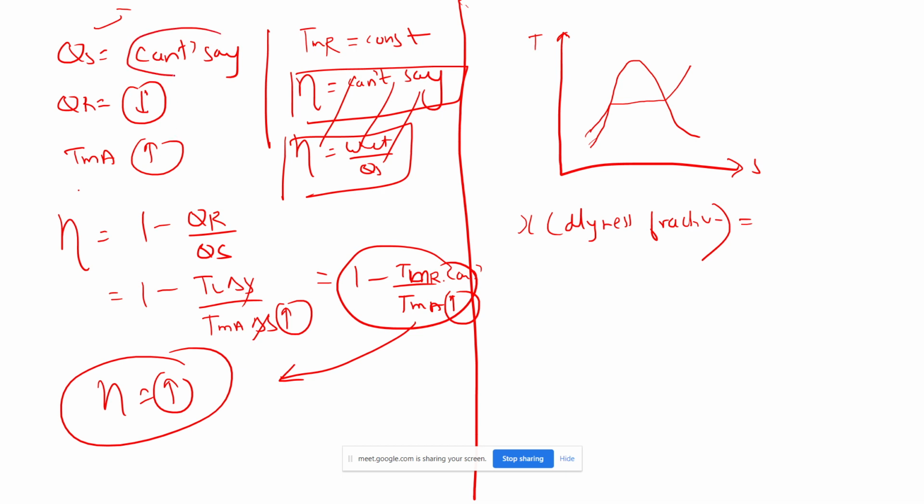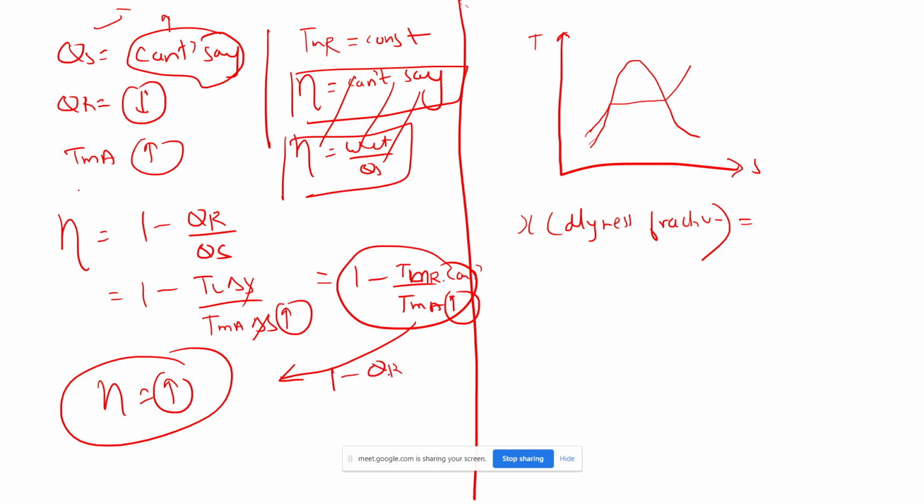But in the books from where I have prepared the notes, they are saying that we cannot predict anything. Efficiency, you should just remember this formula.